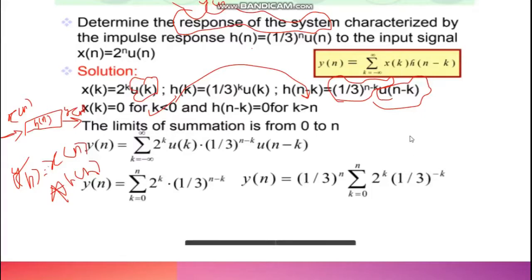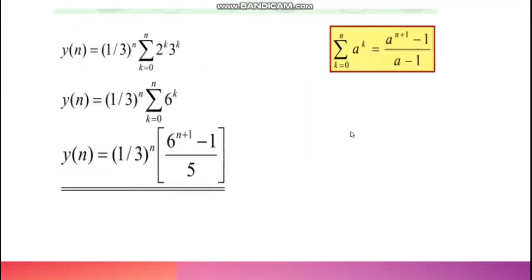Now what is 1 raised to k? It is 1. So it is 1 divided by 3 raised to minus k. Now 1 divided by 3 raised to minus k is 3 raised to k, right? So we can replace this as (1/3)^n sigma k is equal to 0 to n, 2^k 3^k. Now what is 2^k into 3^k? It is 6^k.